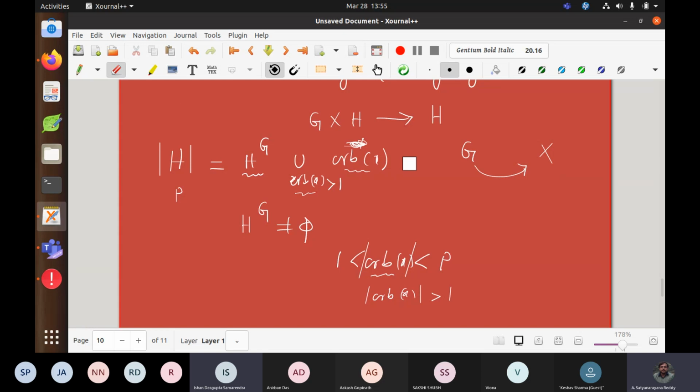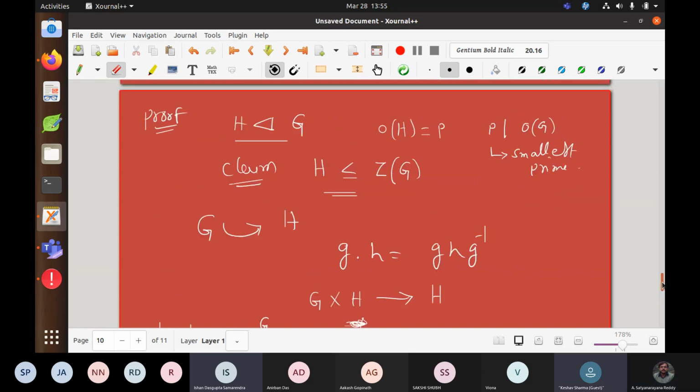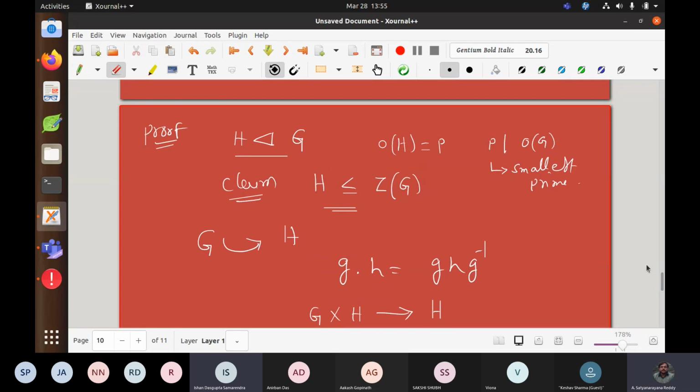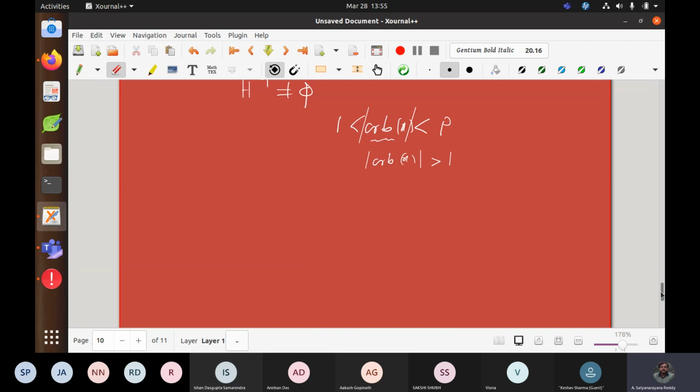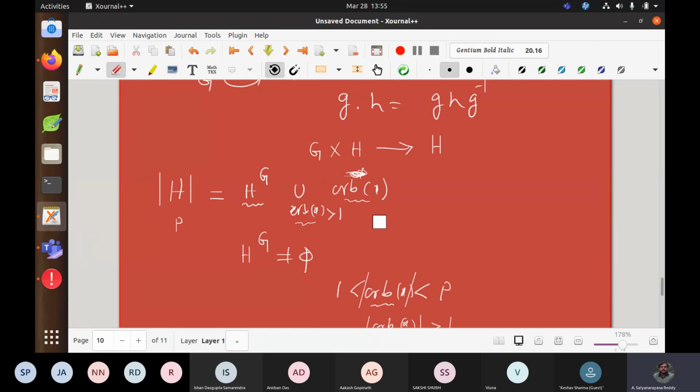Now, if the orbit has a divisor which is less than P, then it divides the order of G. That is a contradiction because P is the smallest prime. So this cannot happen, and I have to erase this part. It is not there.